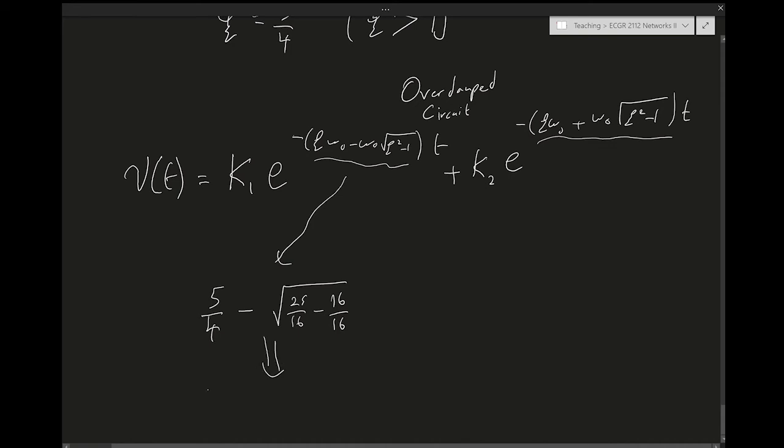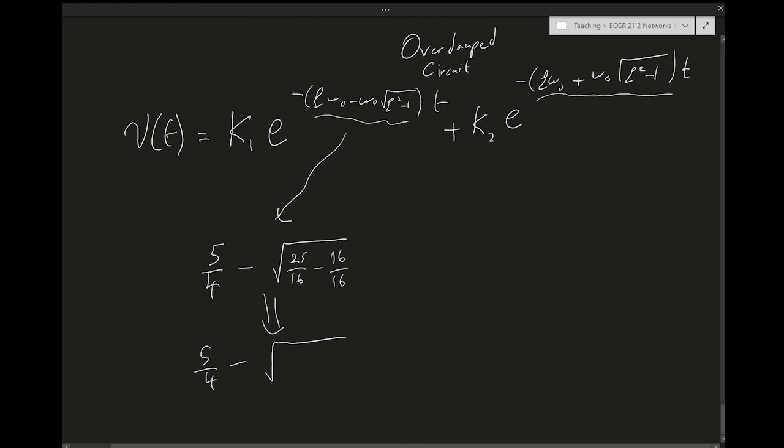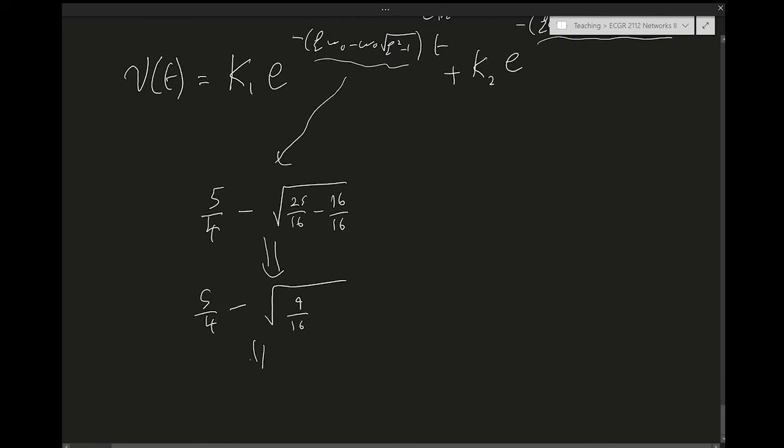This gives me 5 over 4 minus the square root of what's 25 minus 16? That's 25 minus 10, 15, minus 6, 9, so 9 over 16. All right, so this is going to be 5 over 4 minus 3 over 4. The first exponent is going to be 2 over 4, which is half.